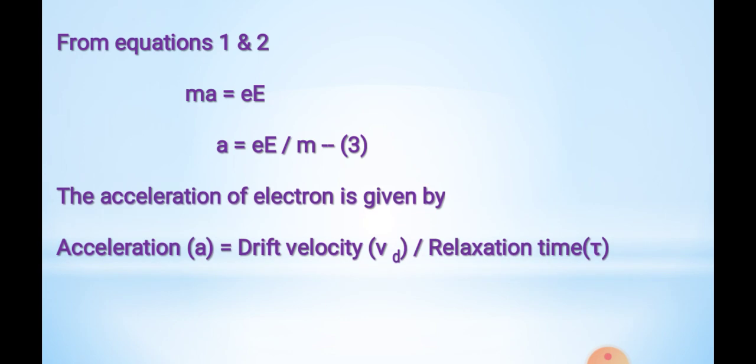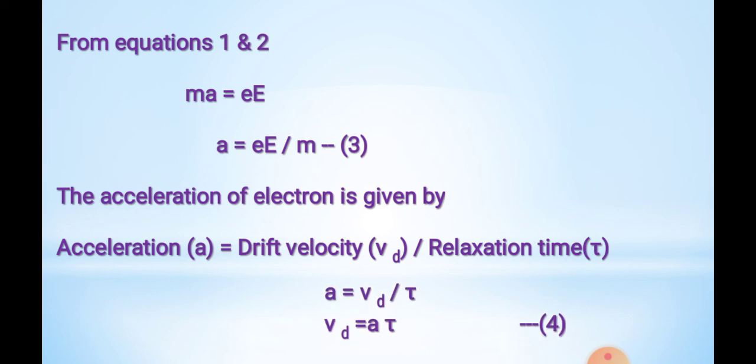Now we have a formula for acceleration: acceleration is equal to velocity by time. Here, according to the classical theory, instead of velocity we use drift velocity, denoted as Vd, and instead of time we use relaxation time, denoted by the symbol tau. So a is equal to Vd by tau.